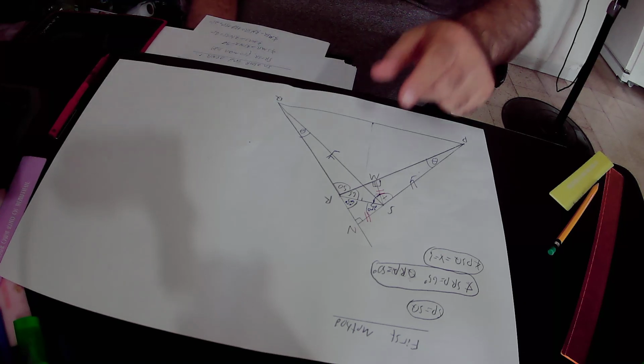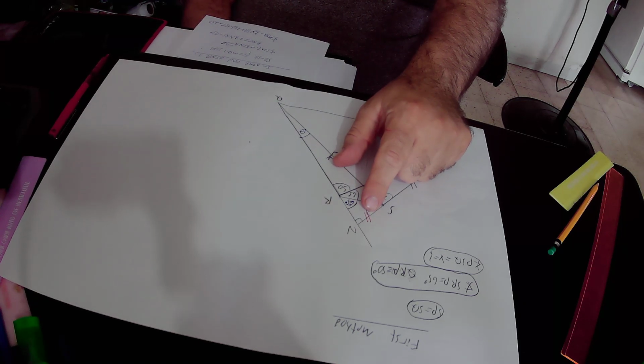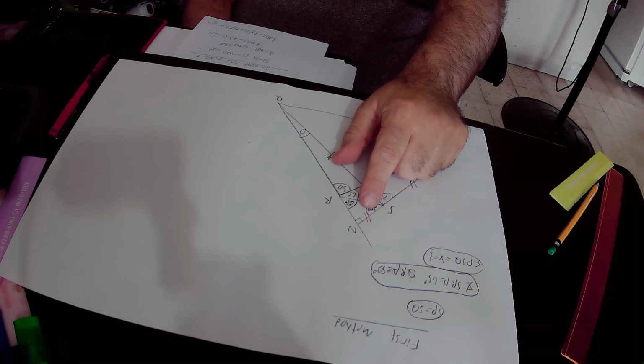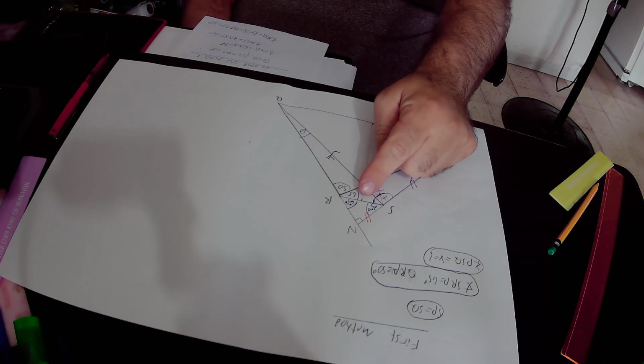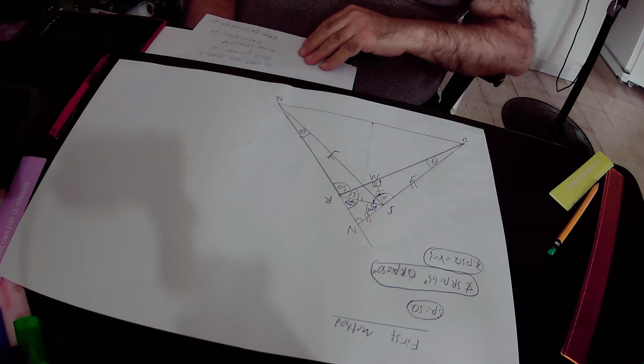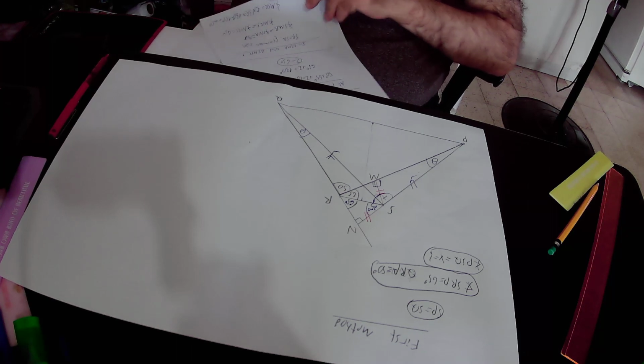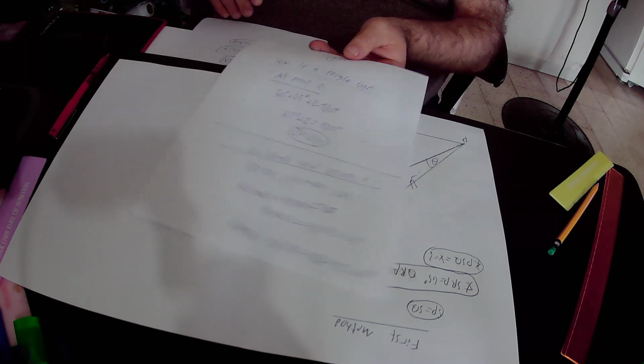So on this side of the straight line QN, 50 degrees plus 65 degrees plus the size of this angle, defined as Z, must equal 180 degrees.